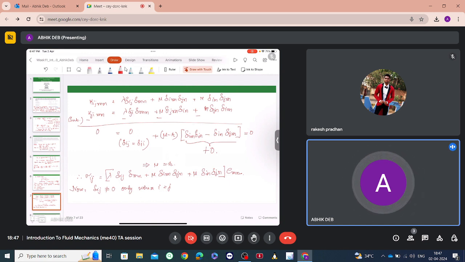So i equals j and m equals n we have to put.